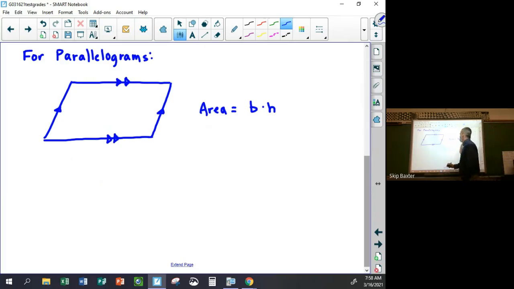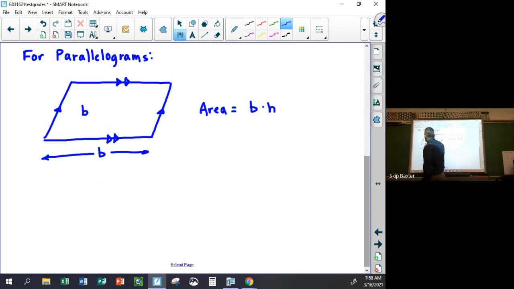But in this formula, the base is just the length of the base, but the height is the perpendicular measured height. It's not the length of one of the sides, it's the perpendicularly measured height from the top to the bottom. So the height, this, measured perpendicularly.